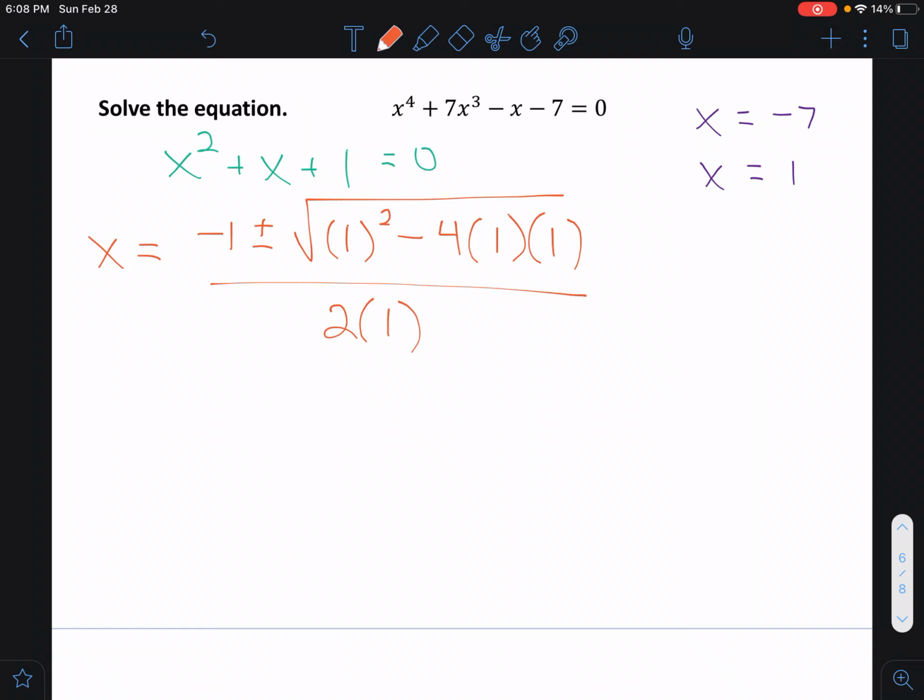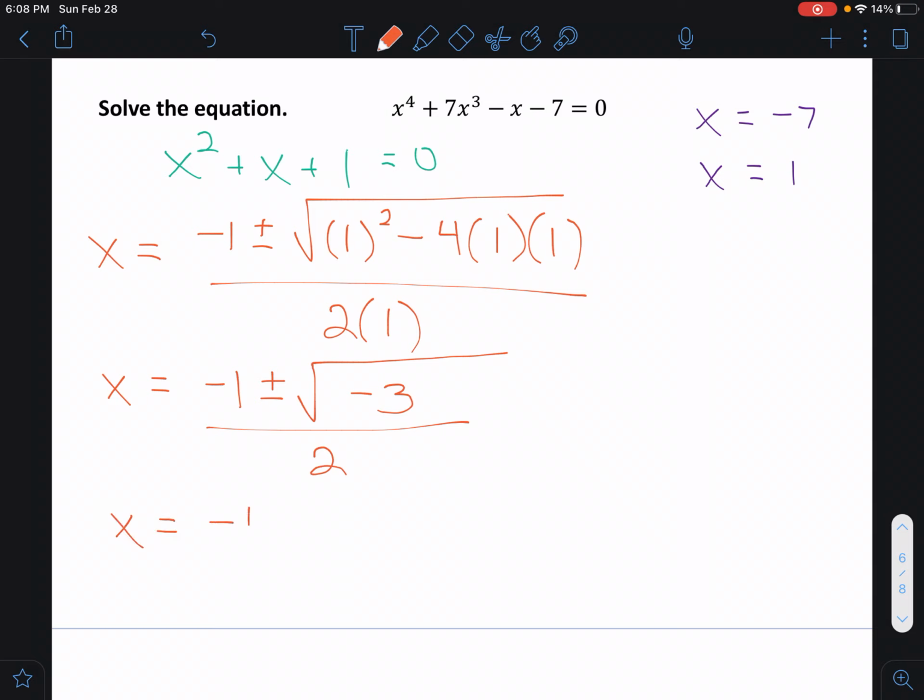Now, 1 squared minus 4, that's 1 minus 4, which is -3. Simplify this.